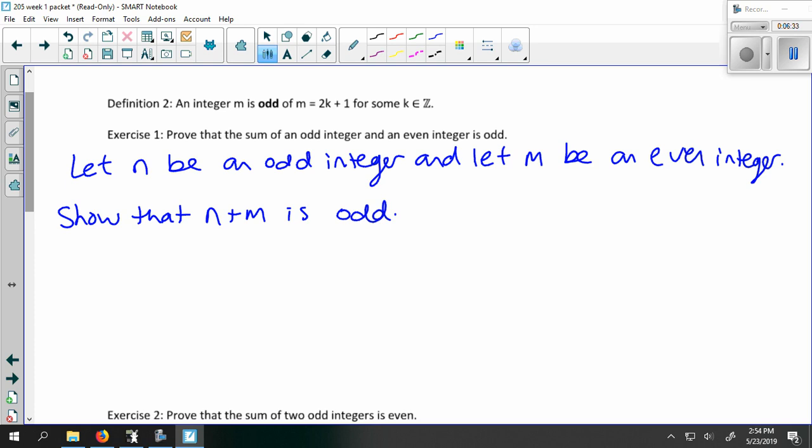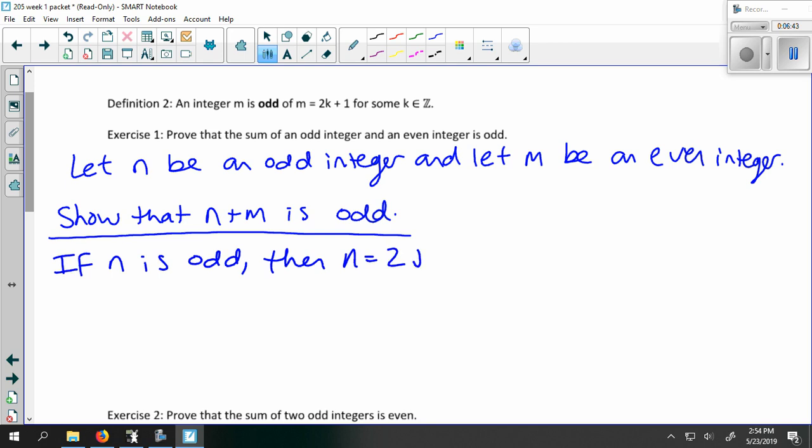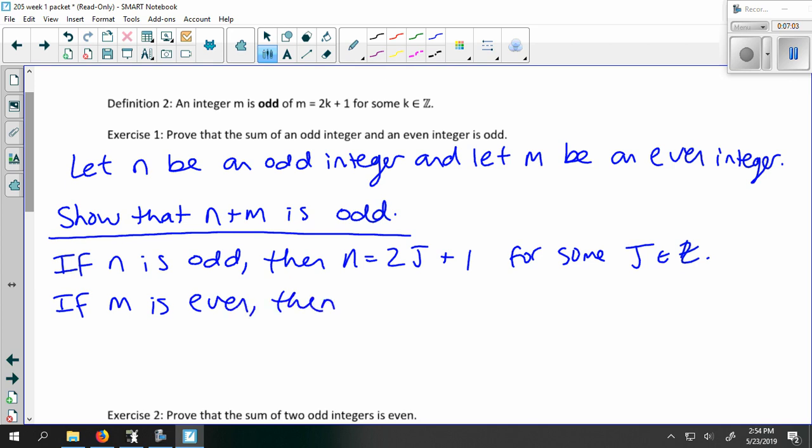Okay, so if n is odd, then n is 2 times an integer plus 1, for some j in Z, some integer j. If m is even, then m is 2k, 2 times an integer.